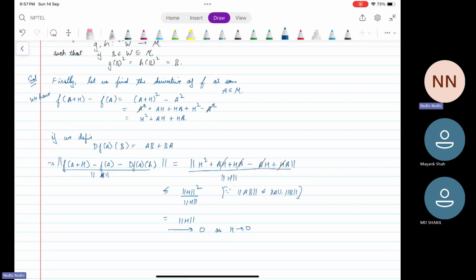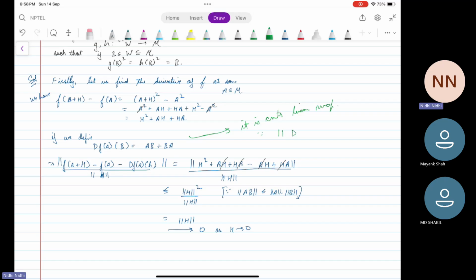And clearly you can see that this is a bounded linear map. It is a continuous linear map. You can check the linearity yourself.